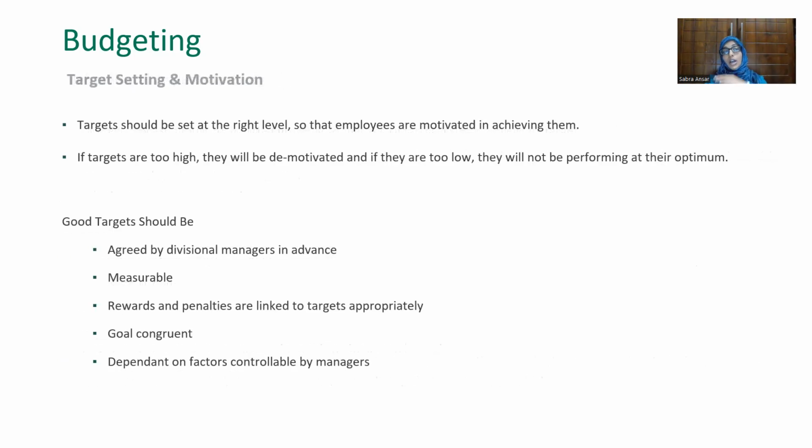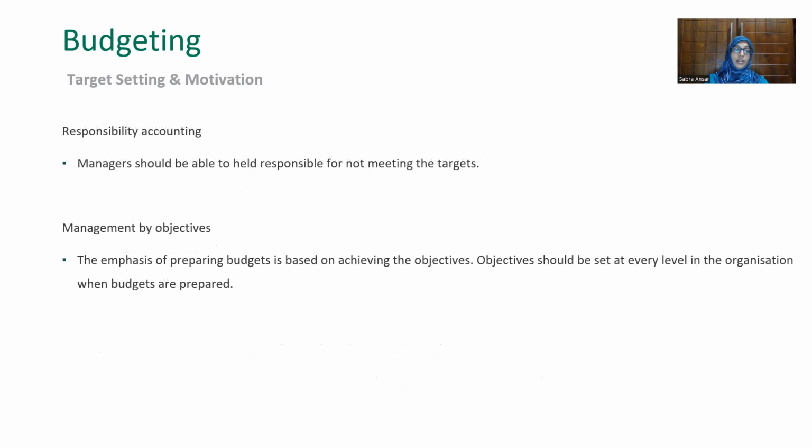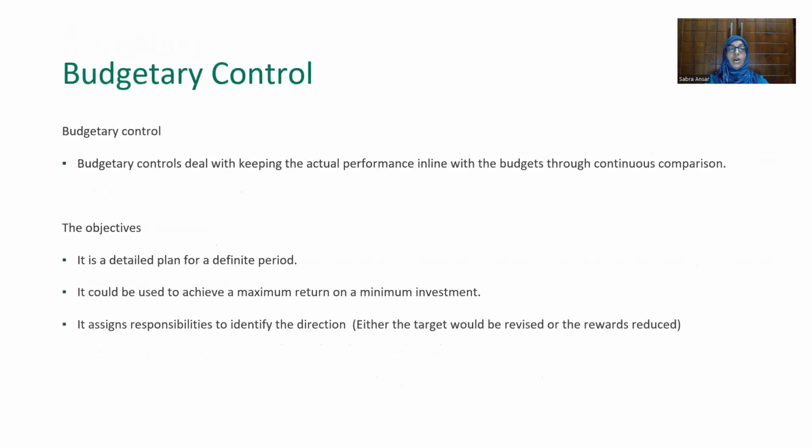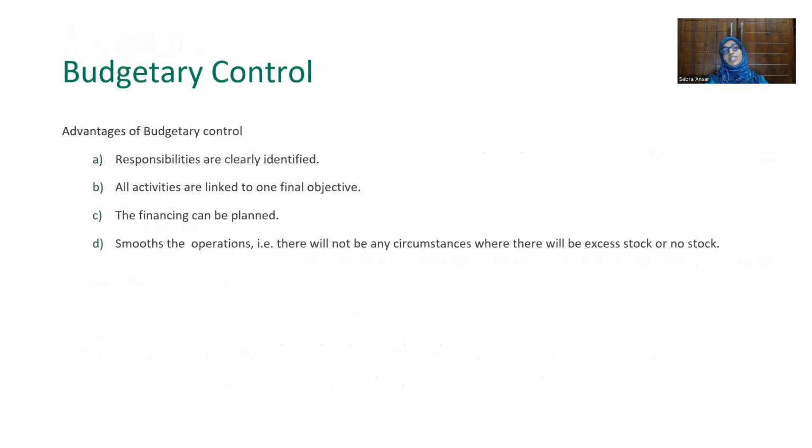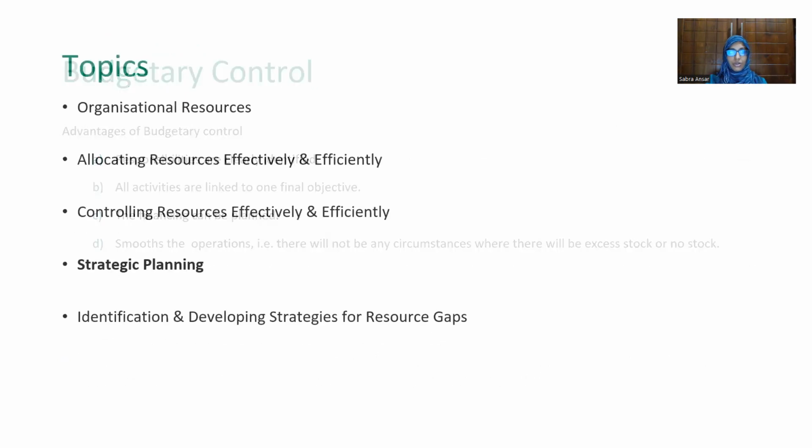And we spoke about how a target can be set and how we set a good target. And we talked about how responsibility accounting happens and management by objectives, and how the budget can actually be controlled. Then we talked about the advantages of having budgetary control.